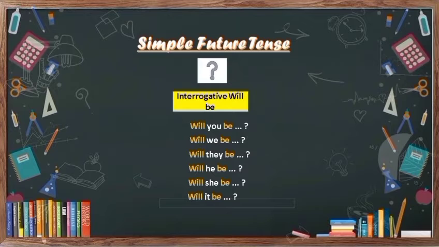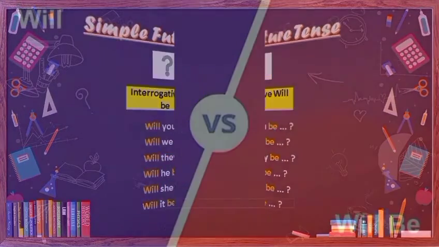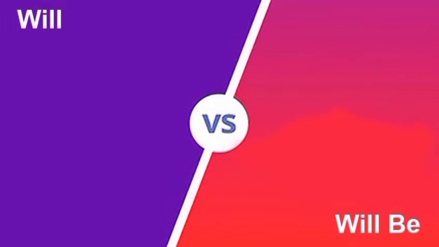For the interrogative sentence of will be, you only need to put the word will at the beginning of the sentence, and then put be after the subject. Like this. Will you be? Will we be? Will they be? Will he be? Will she be? Will it be?